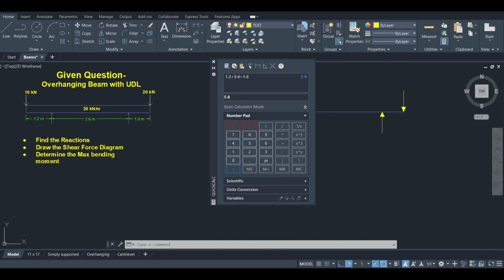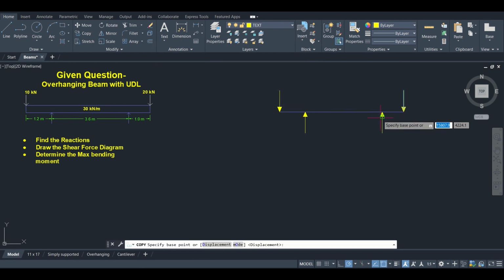So the total distance of the beam is 5.8 meters. And if every meter of this beam has 30 kilonewtons, then I'm going to multiply this distance by 30 to determine the total load acting on the beam. And we get 174, and that would be kilonewtons.